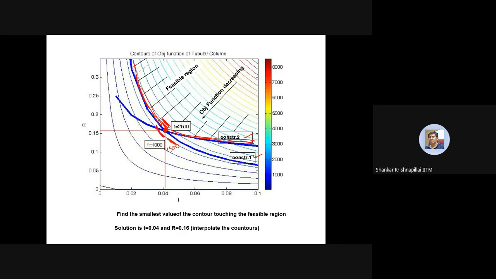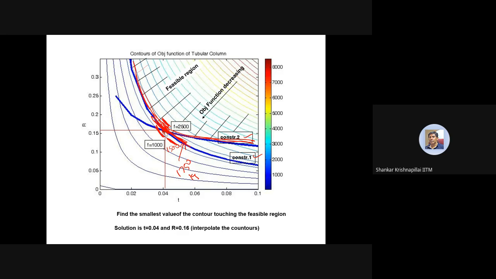This red point represents the smallest weight of the pillar, and that weight is approximately this contour, which passes between 2000 and 1500. So this contour, maybe 1750 kg, is the smallest contour which just touches this point.